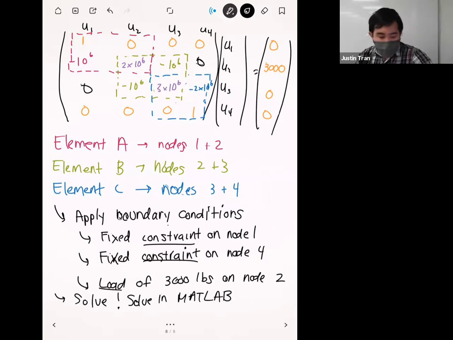Although because we have two fixed constraints, we end up with just 2 equations and 2 unknowns. But even that's annoying to do by hand too. And so I think the easiest thing is just to plug this into MATLAB. All right. Any questions on what we did here before we jump into the solution?